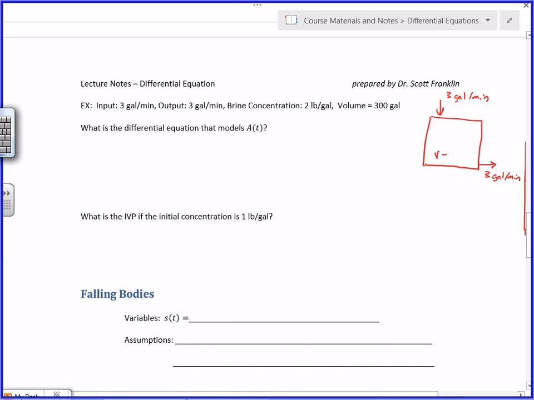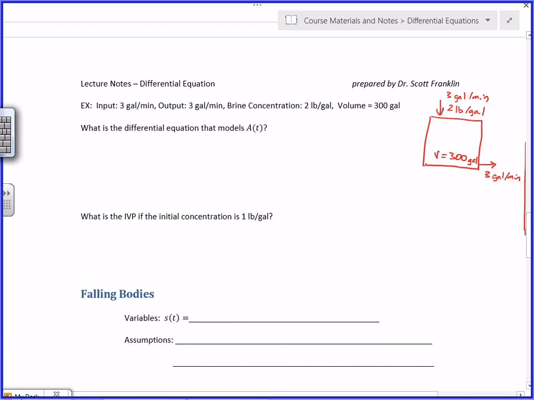We're told that the volume is 300 gallons. We're also told that the brine concentration that's coming in is 2 pounds per gallon. So that is sufficient information for us to build a differential equation that would model what's happening to the amount of salt in that tank over time.